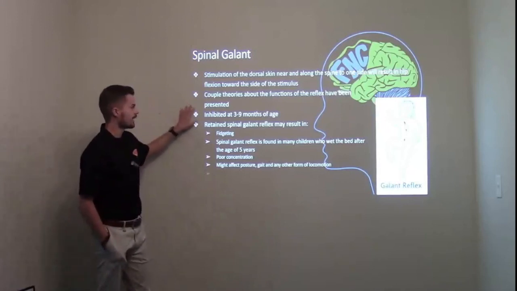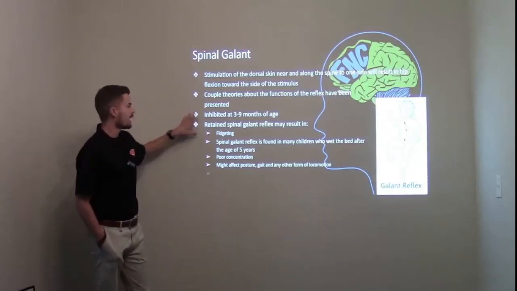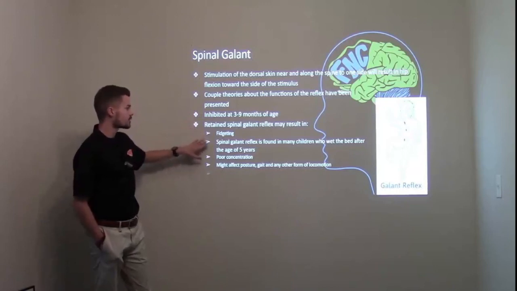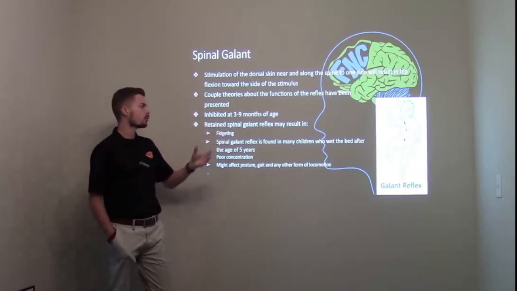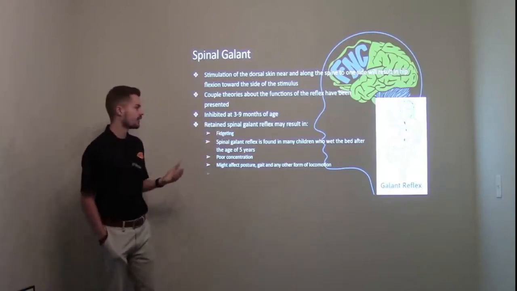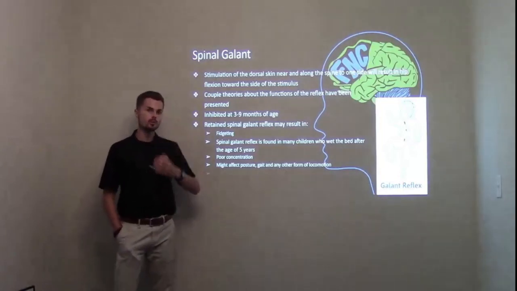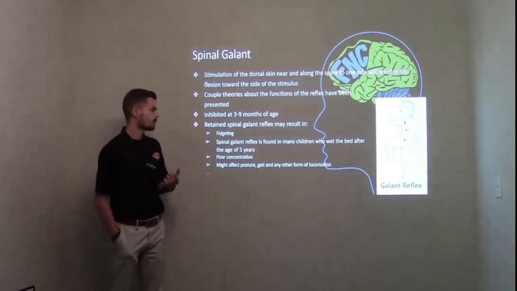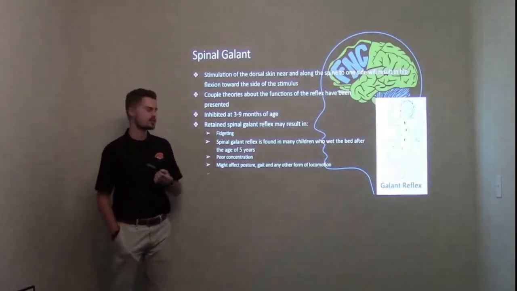It should be inhibited at 3 to 9 months of age, and a retained spinal Galant reflex may result in fidgeting, and it is found in many children who wet the bed after the age of 5 years. So that's a really classic finding of this immature nervous system when the kid is wetting their bed after 5 years of age.